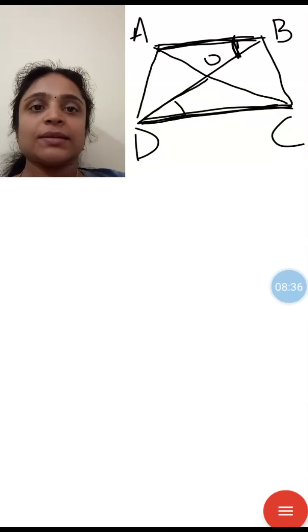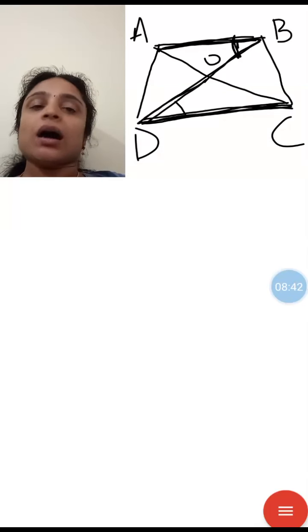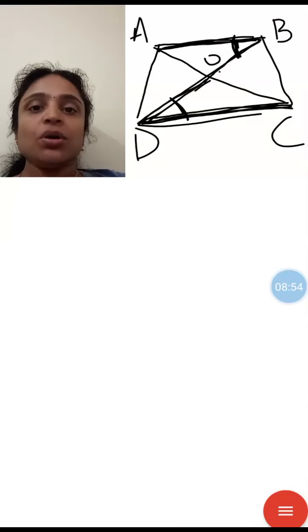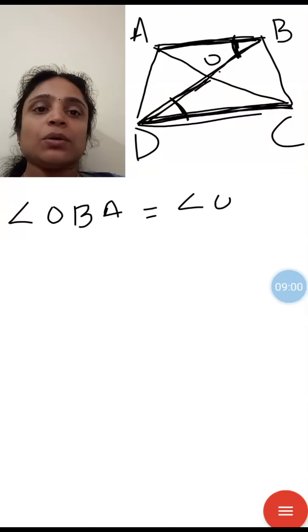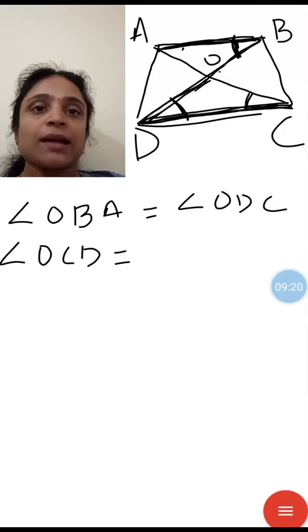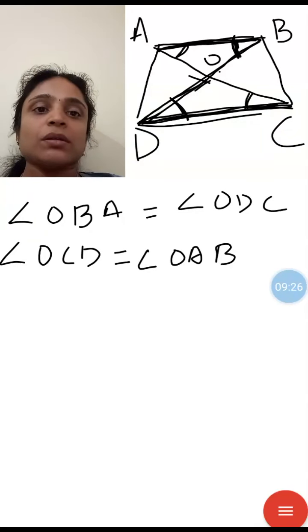Angle OAD and angle OBA are equal, angle OBA equal to angle ODC, and angle OCD and angle OAB are equal. These are alternate angles.